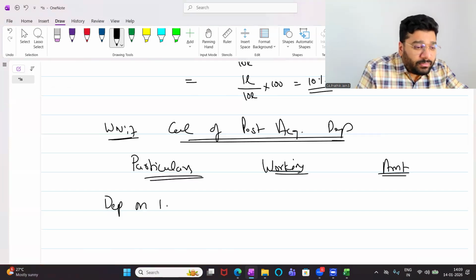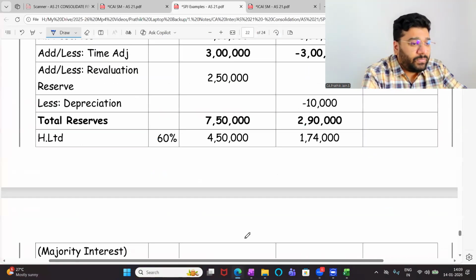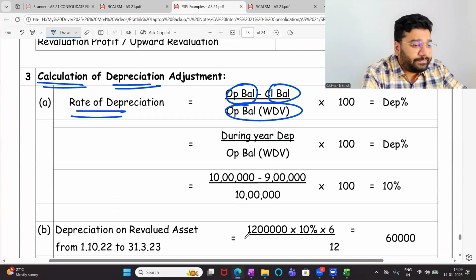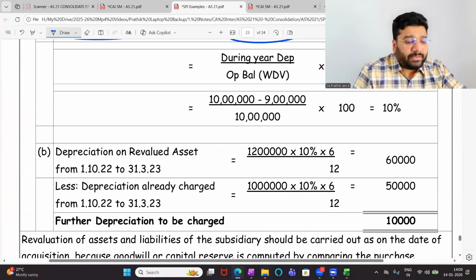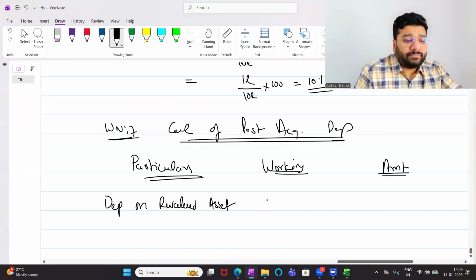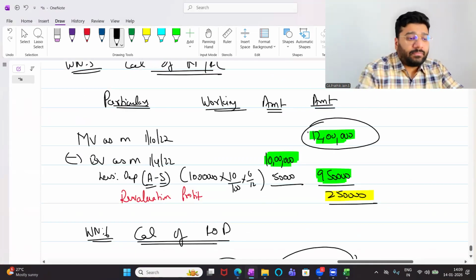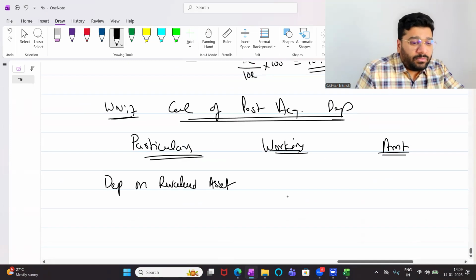Tell me, people, how much is it? What is the revalued asset? 12 lakh. 12 lakh rupees is the revalued asset.